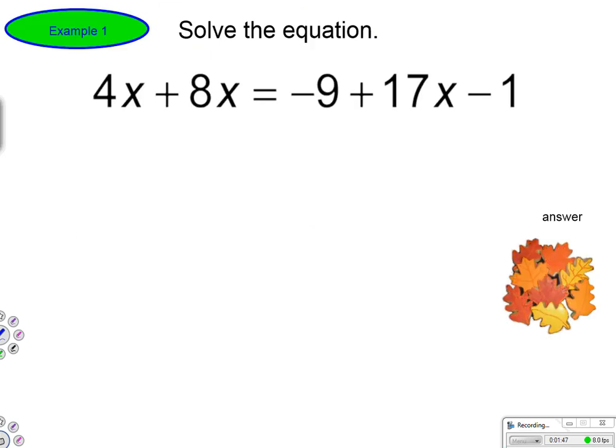Next, we're going to get into solving equations, and your homework tonight is working on a Math Excel assignment, and it has a lot of equation solving. So first thing I'm going to do is simplify each side, pulling together like terms. So simplify each side.